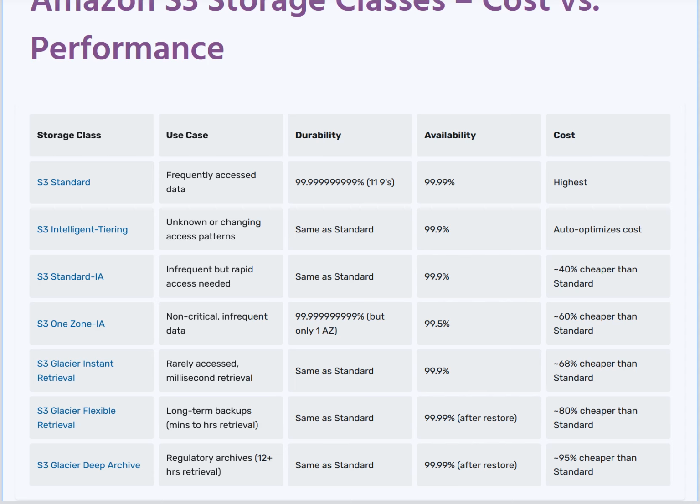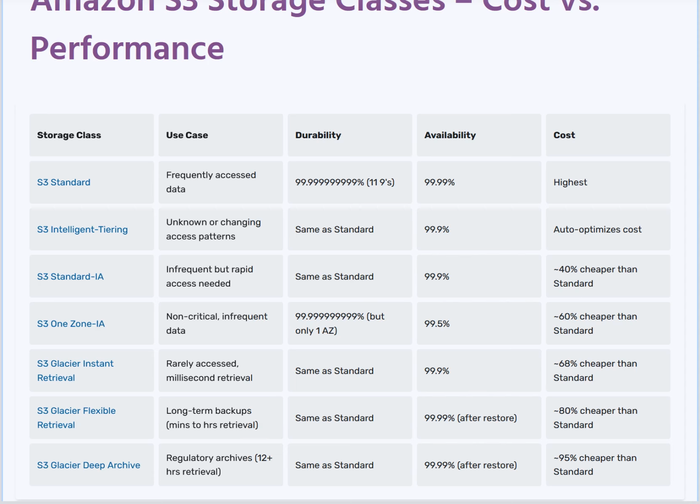The first column gives you the storage class, the second column the use case, the third column is durability, and then availability, and then cost. So S3 Standard is the normal S3 storage class that we use for frequently accessed data.